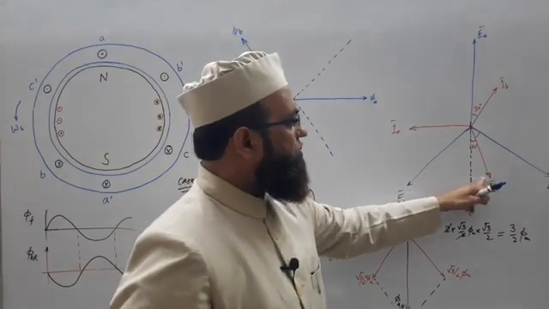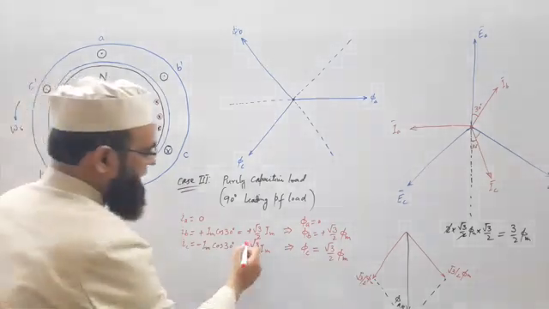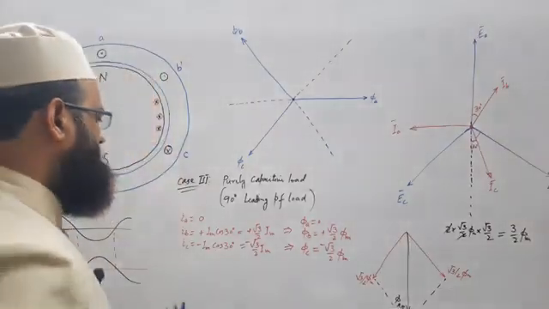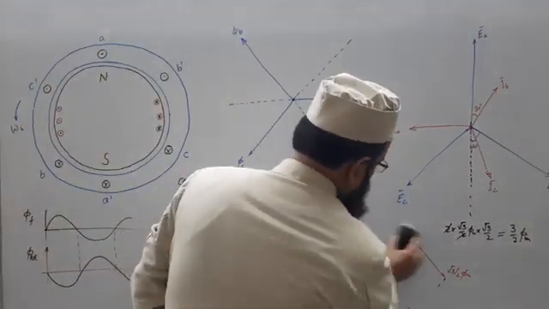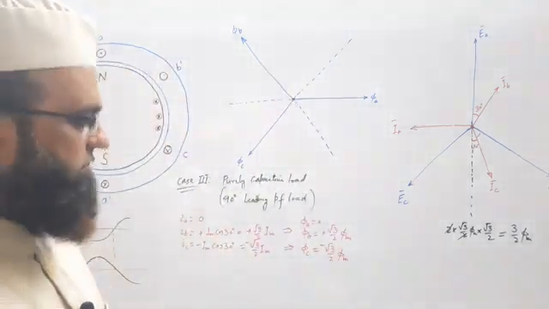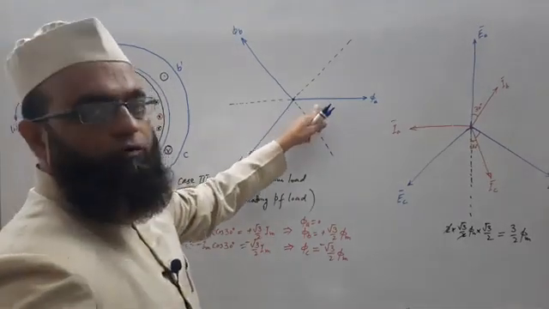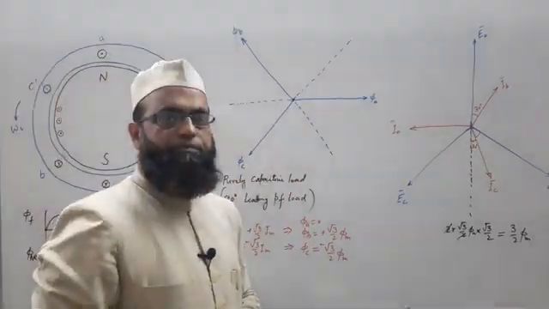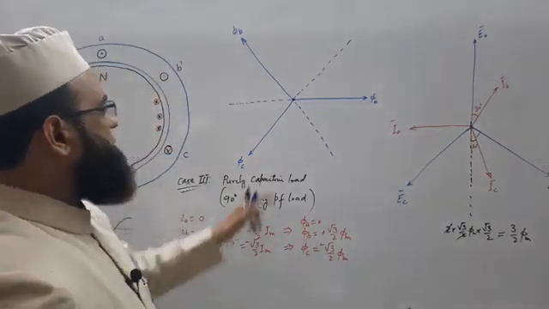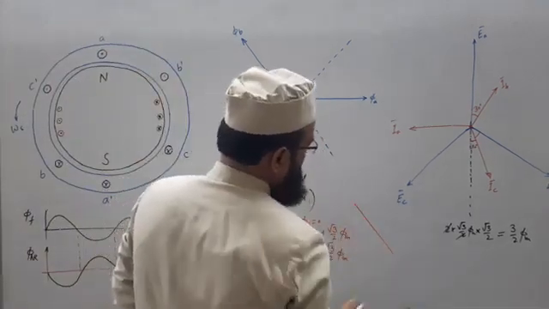The vertical projection will be IM cosine 30 with negative sign, hence the negative sign here. So if we want to draw the resultant armature flux, there will be no contribution of flux in phase A. What about flux in phase B? Positive. So the positive direction of B is this, so along this, just draw this.